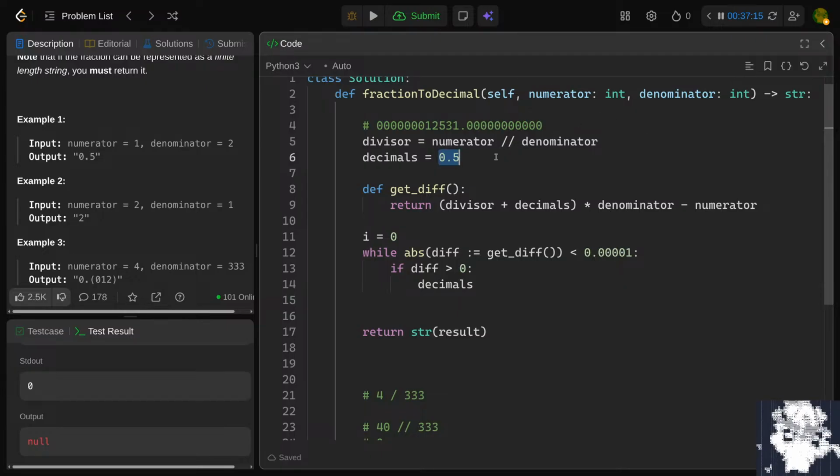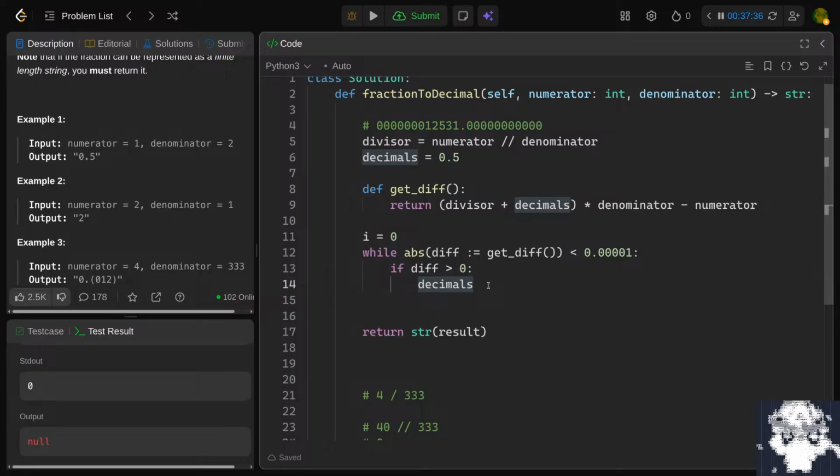So if we go right, we want to go right by 0.25, which would put us halfway between 0.5 and 1. Or 0.25 would be halfway on the left, 0.75 would be halfway on the right.